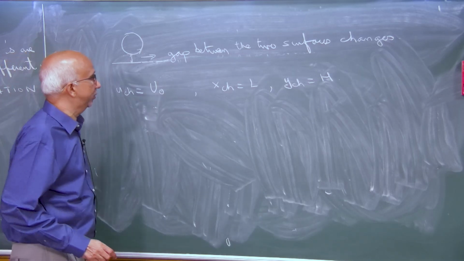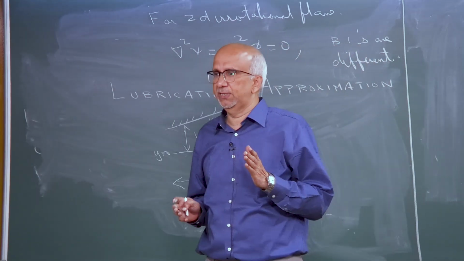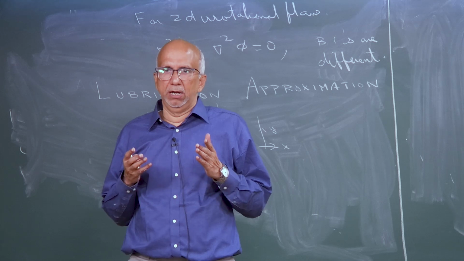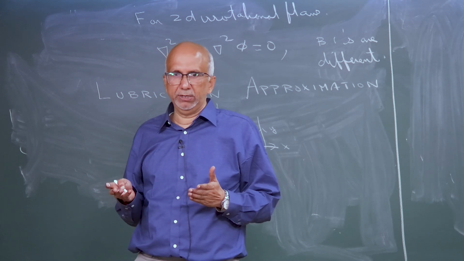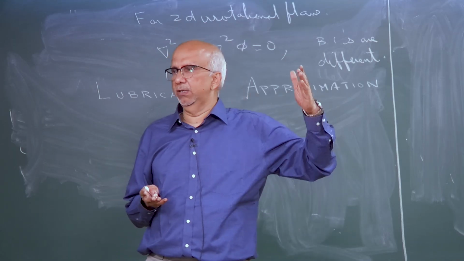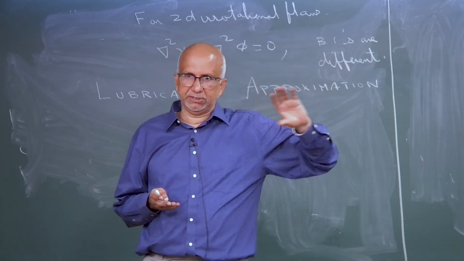I do not know what the characteristic velocity is in the y direction. I know that it is non-zero, because from the equation of continuity, du by dx plus dv by dy equals 0, and du by dx is not 0 because it is not fully developed.